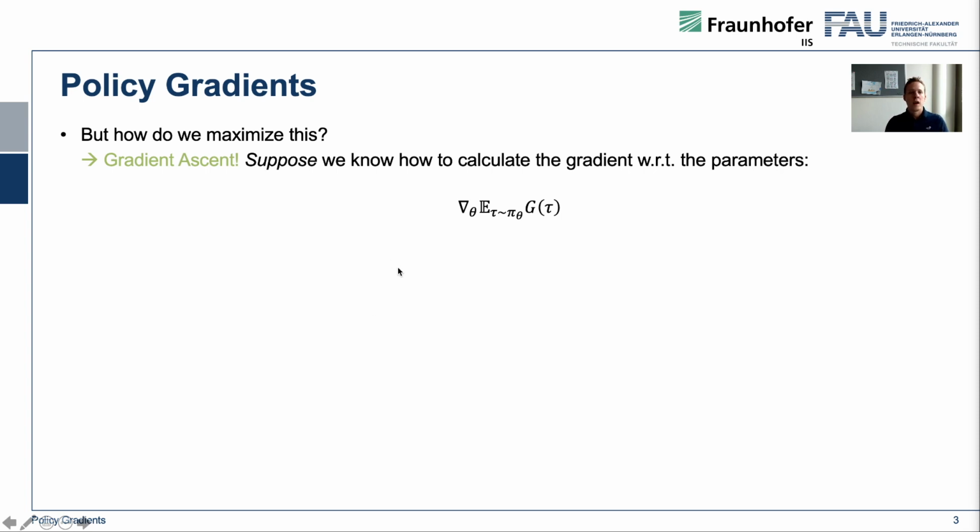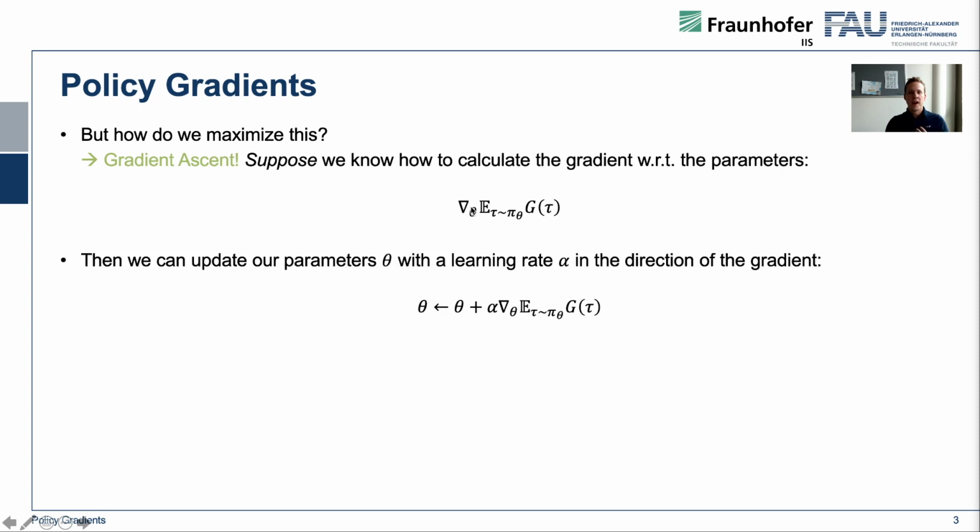Then we could define the gradient of the expected return of a trajectory tau with respect to the parameters. And if we had this, we could apply, using a learning rate alpha, an update to our parameters in the direction of the gradient, which would lead to bigger returns throughout the iterations.